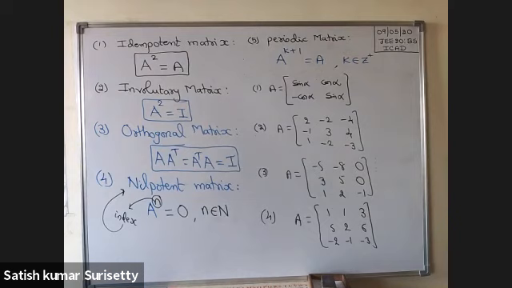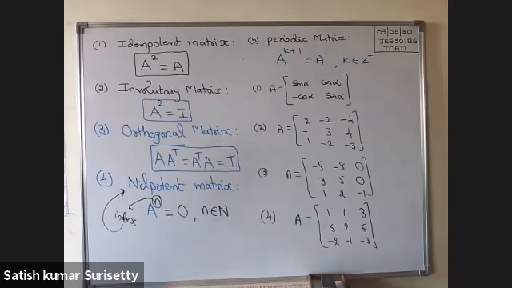Try the first one, all of you. What we need to calculate first always? A square. Calculate A square. Which one can you eliminate by calculating A square?